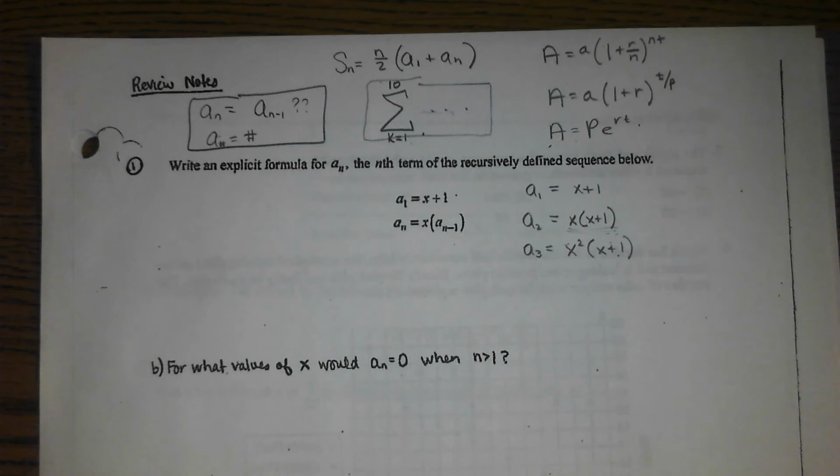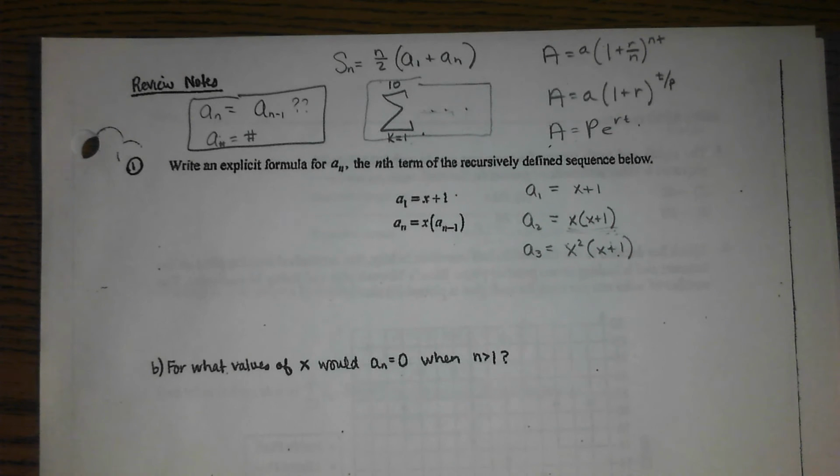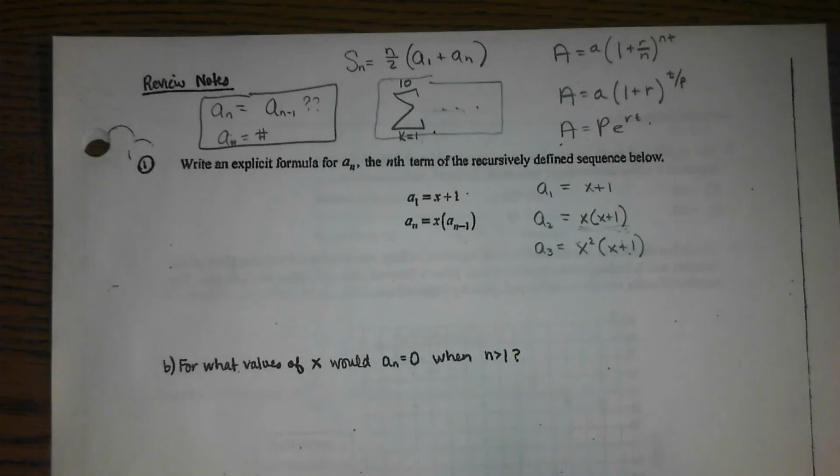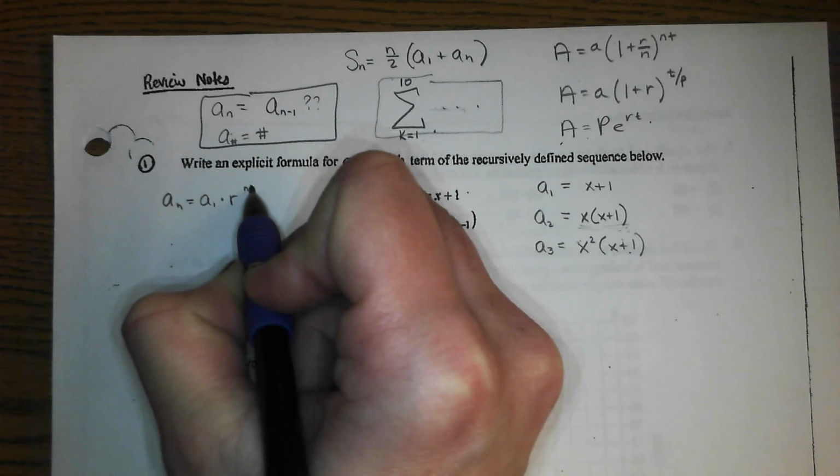Now, if they're telling you to write an explicit formula, it has to be arithmetic or geometric. It has to be. Okay? What is this? Are we adding the same thing every time? Or multiplying? Multiplying. So this is a geometric sequence formula we're trying to write. So grab that formula. A sub n equals a sub 1 times r to the n minus 1.